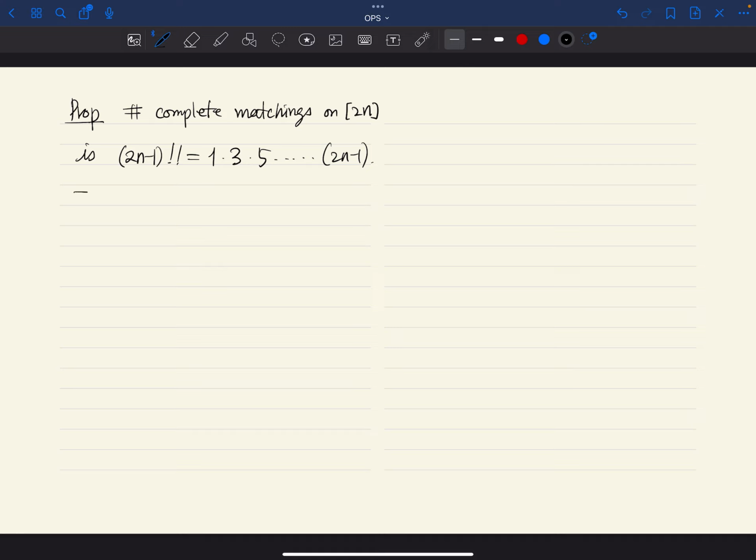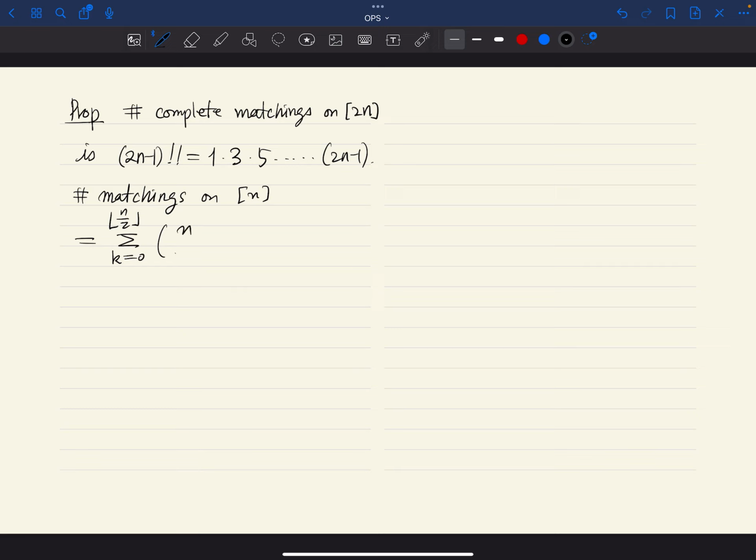And what about the number of matchings, not necessarily complete? Now you see, you find fixed points, and the remaining things must be a perfect matching. So k from 0 to n over 2.